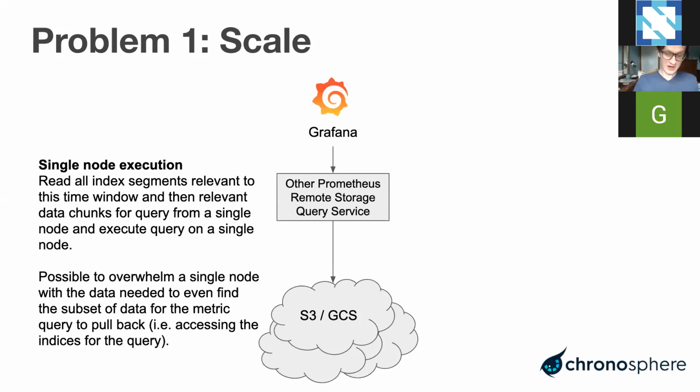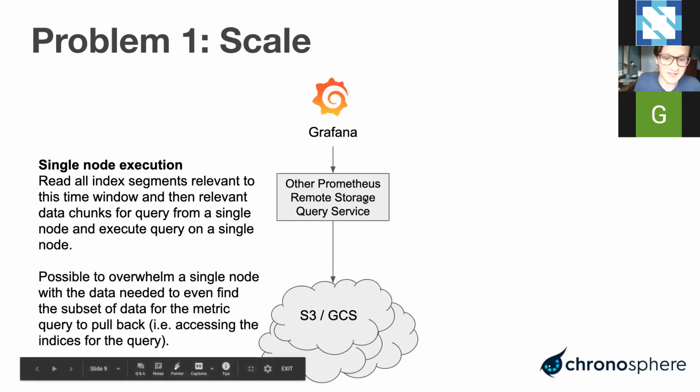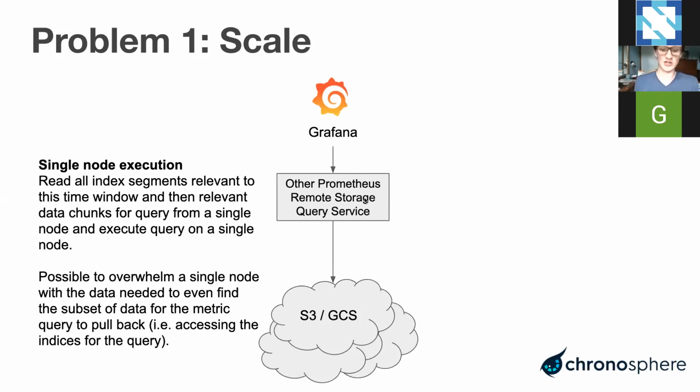Because if you're storing all of this data in blob storage, you still need some service to index this information and search through it in a way where you can aggregate it all up properly. And that also tends to overwhelm single node solutions. And so you can beef up this query engine as much as you want, but you still have that limitation of it being a single pipe towards this enormous set of data.